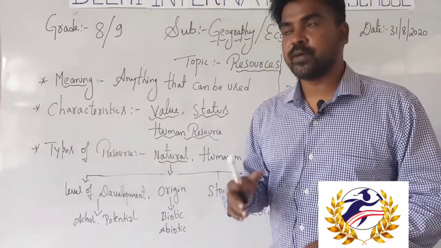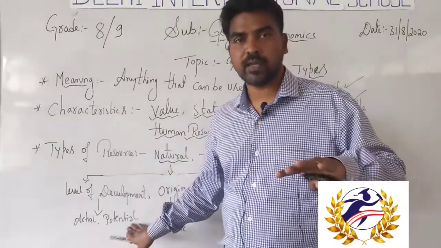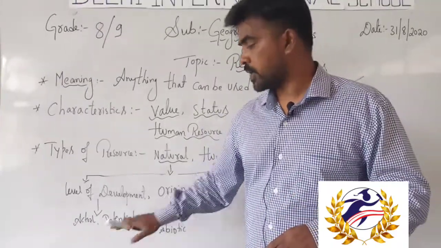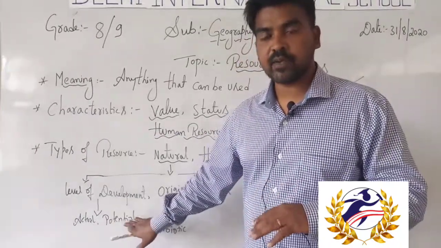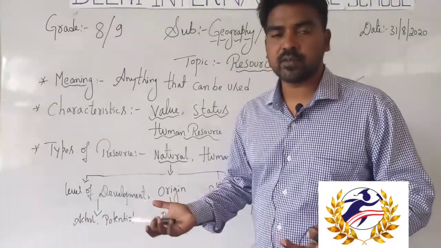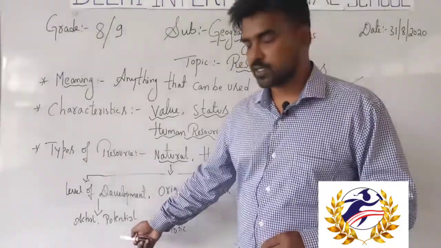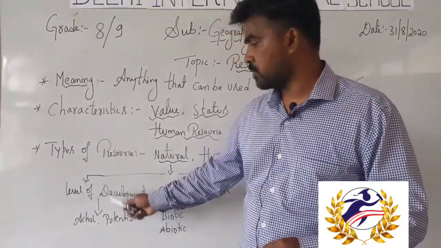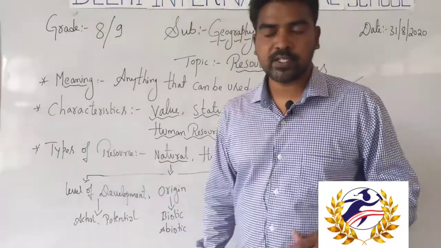It is not being used much. It is available somewhere on planet Earth, but we can't get it or use it at present. In future, we don't know. Such resources are known as potential resources. So on the basis of level of development, it is categorized into actual resources and potential resources.